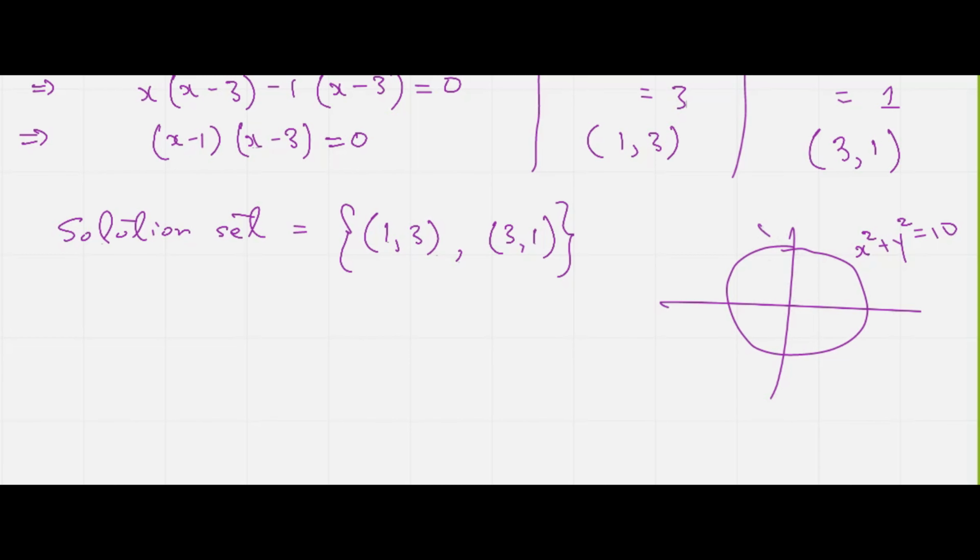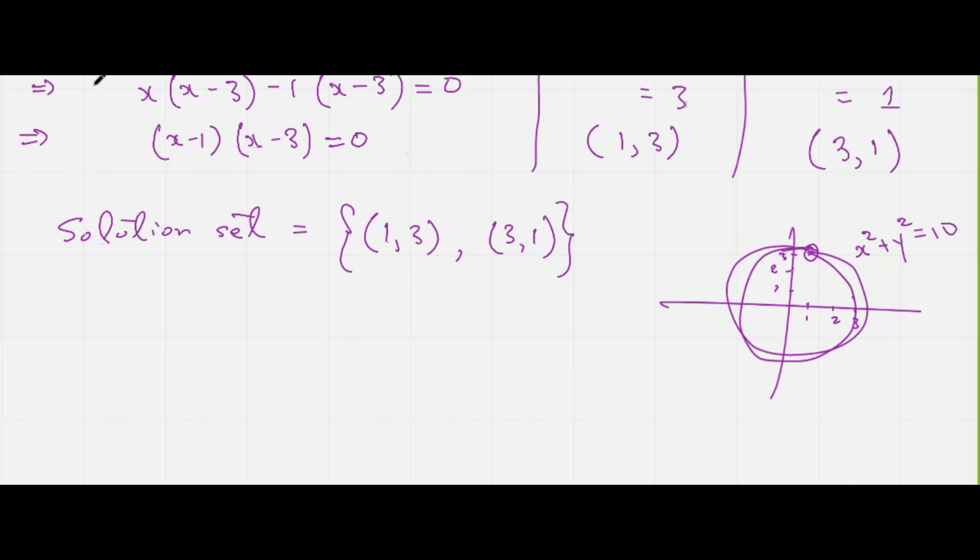So if I just try to draw it like this, so you are having one value (1, 3) and (3, 1), probably like this. The circle equation might be like this.